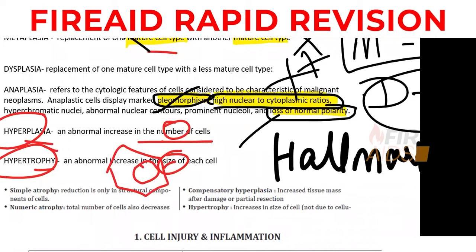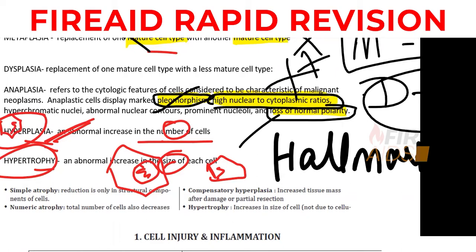So DNA content is more when you compare a hypertrophic cell with a normal cell, whereas if you check a hyperplastic cell along with a normal cell, the DNA content will be the same. Okay, so these are the MCQs that you must know in these topics.